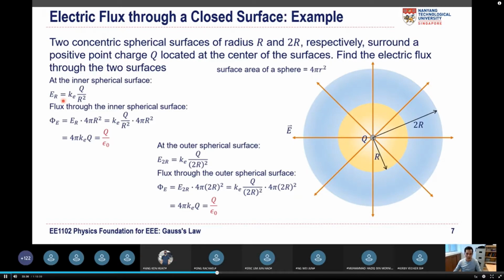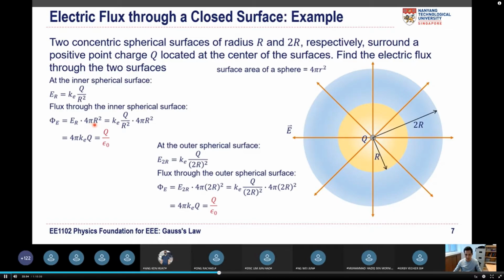Okay, so that means we can do a simple multiplication of this E_r, the electric field on the surface of the sphere, with the surface area of the entire sphere, which is given by 4 pi r squared.